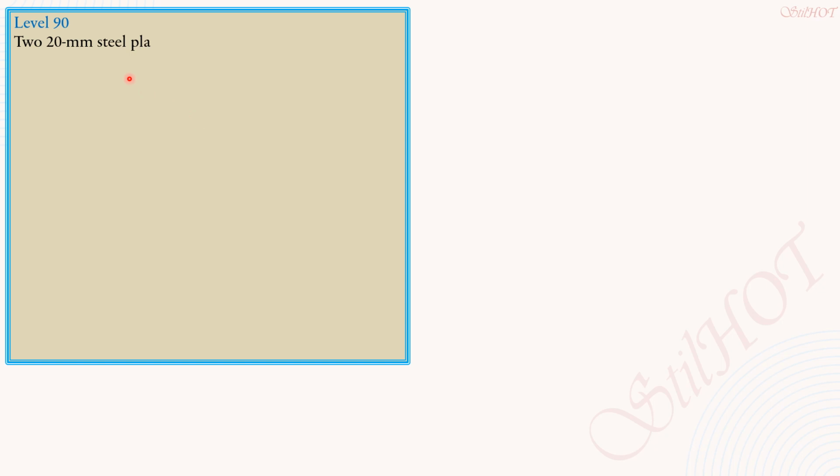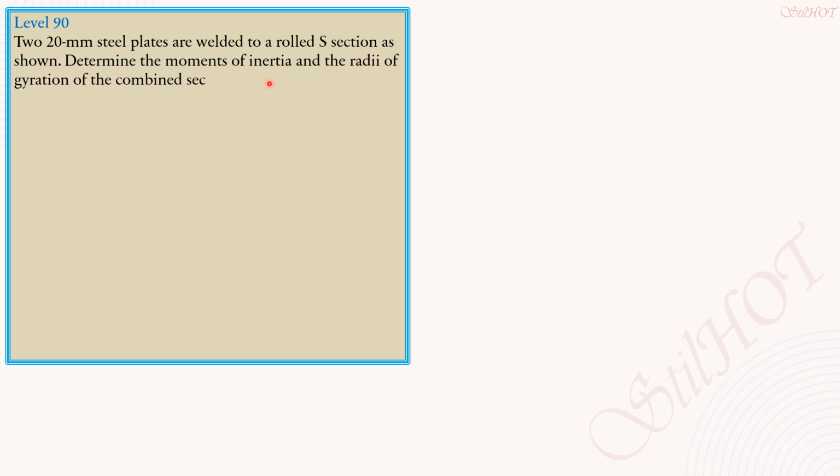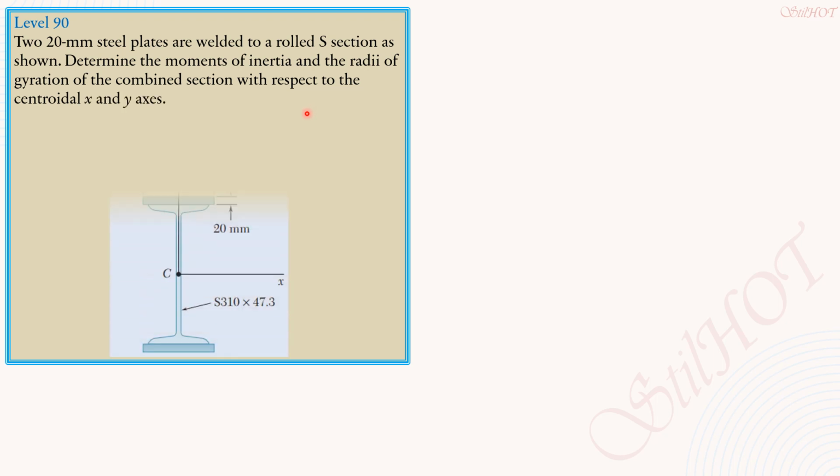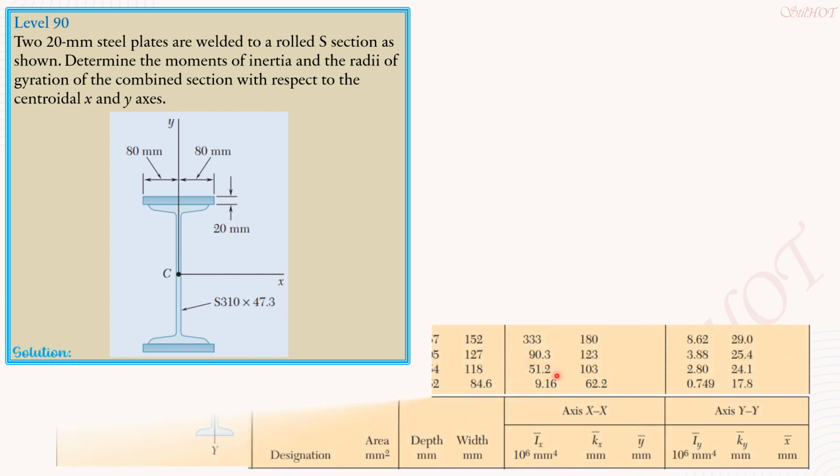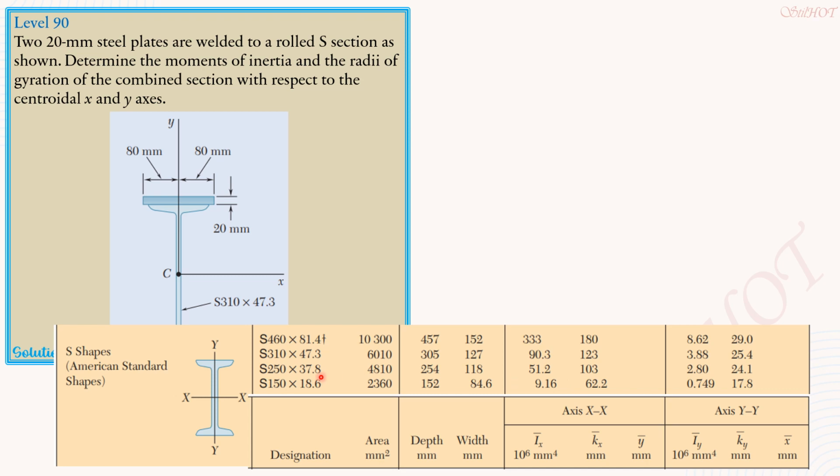Problem 90: Two 20 mm steel plates are welded to a rolled S section as shown. Determine the moments of inertia and the radii of gyration of the combined section with respect to the centroidal X and Y axis. So here is the given figure. The rolled shape section has properties provided in this table.